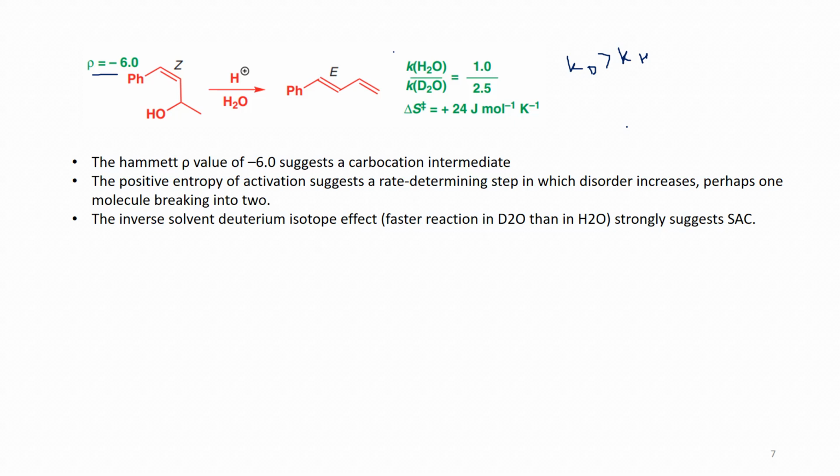If the OD bond or the OH bond were broken at the rate determining step, we know the OD bond has greater bond strength, so the rate of breaking the OD bond would be slower. The rate of a reaction involving an OD bond would be slower because of the greater bond strength.